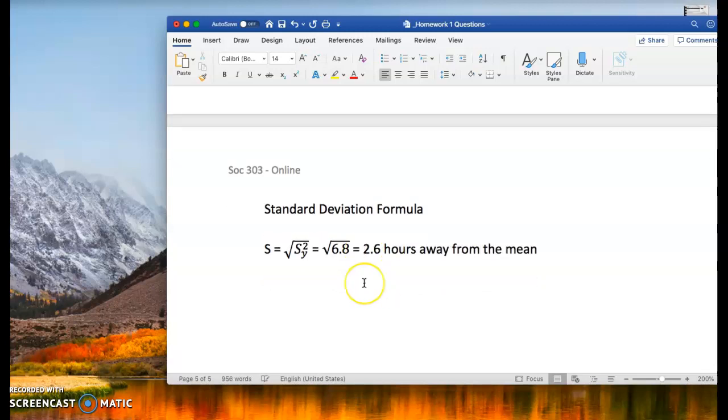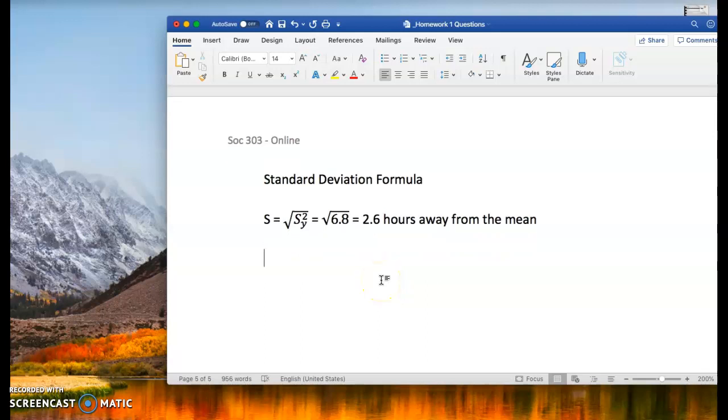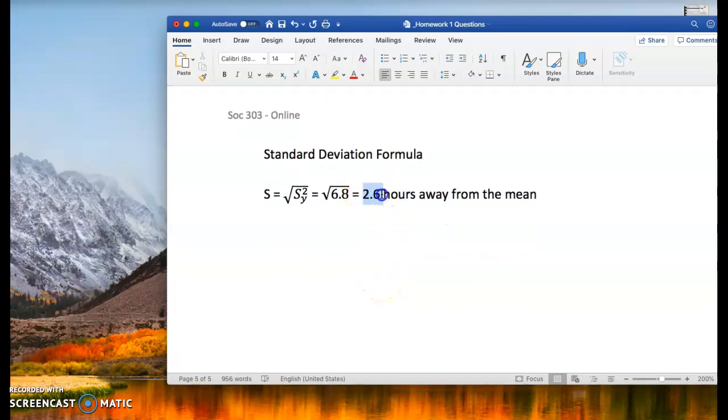So let's talk a little bit about what this means exactly. It's a really useful number. The standard deviation is the average deviation from the mean. So you can kind of think of this as normal variation. If you're within 2.6 hours, you're within a normal range of the mean. Notice that the standard deviation is different from the mean. This does not mean that on average we're watching 2.6 hours of streaming per day.